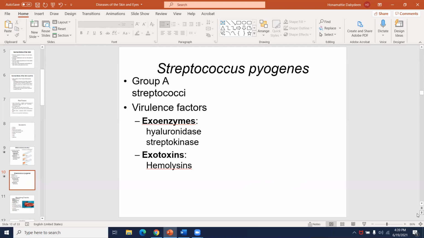If you remember, when we talked about pharyngitis, the sore throat, yes, pharyngitis, but if not properly handled, you could end up with things like scarlet fever and rheumatic fever and glomerulonephritis. So these are the organisms that we got to be very leery of.